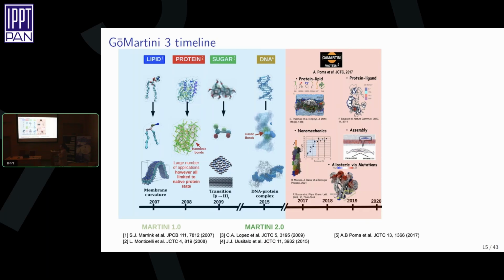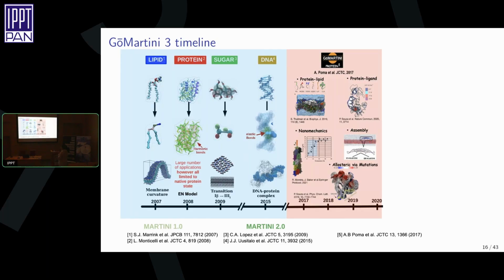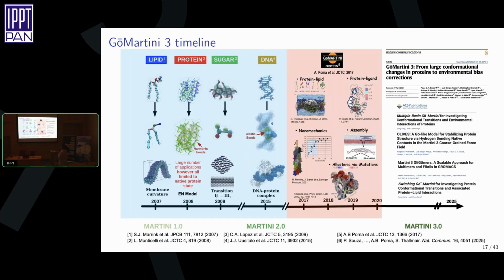And then, of course, recently, in 2020, came what is called the Martini 3 potentials. And then we teamed up with the whole Martini community in order to parameterize our GōMartini into the new version, Martini 3.